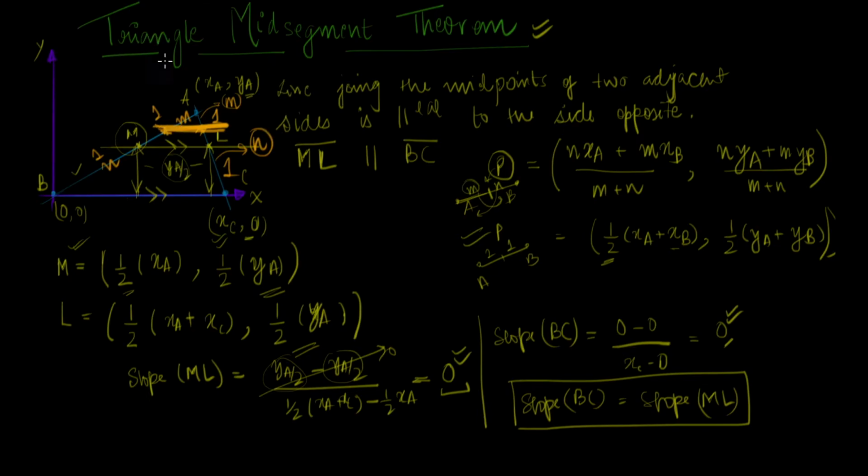So in reality, the triangle mid-segment theorem is a very specific form of a more generalized theorem, which is what I just said: if you choose to divide both the adjacent lines in a particular ratio, m:n or n:m, whatever the case may be, and you draw a line passing through the points, you will end up with a line segment which is parallel to the side of the triangle which you did not consider.